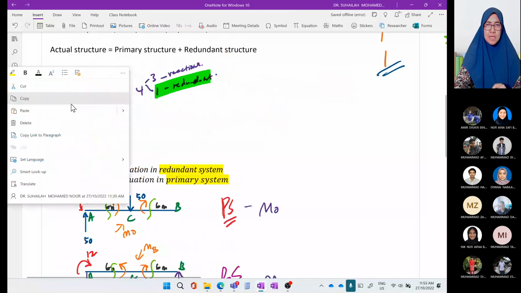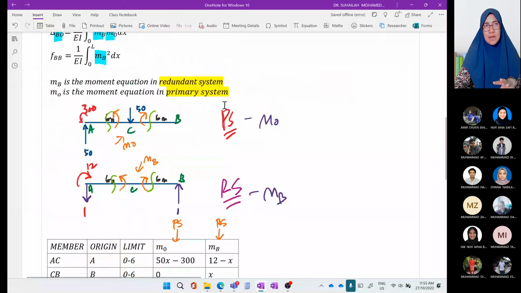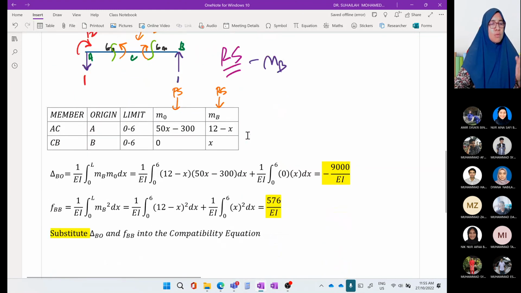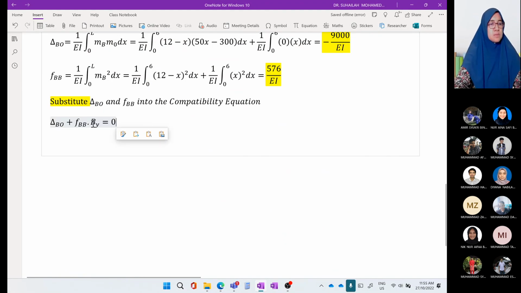Actually, the compatibility equation that you wrote after you have decided the redundant will guide you from the first process until the end of the process. Because from this, we know that this is M naught, MB, MB. So we integrate to get the displacement. So this will guide us.